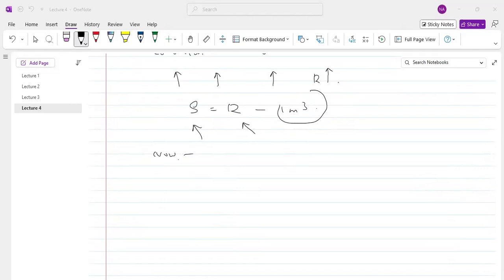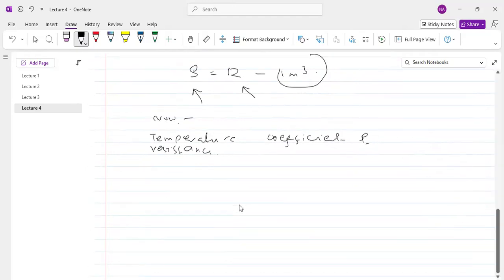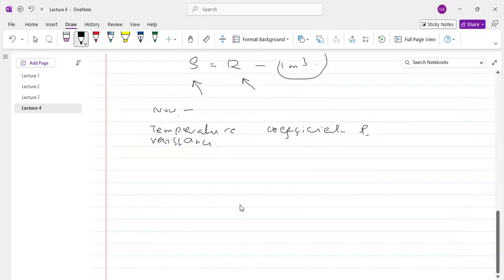Now we want to define the temperature coefficient of resistance.